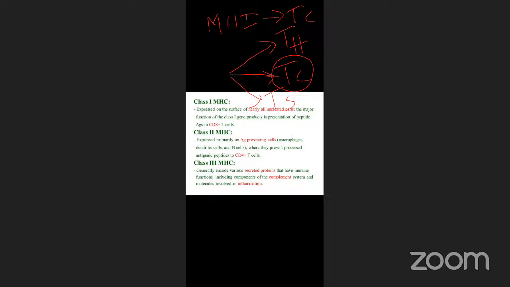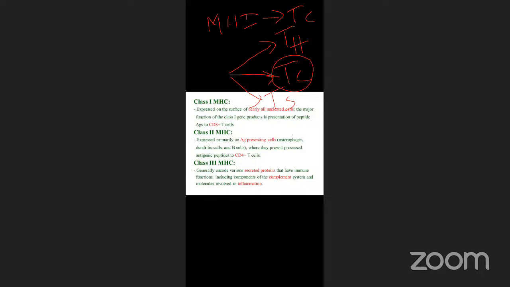CD4 is a cluster of differentiation marker present on the T helper cell. MHC molecule 2 always binds with the TH cell, and MHC molecule 1 always binds with the TC cell. This is the principle.